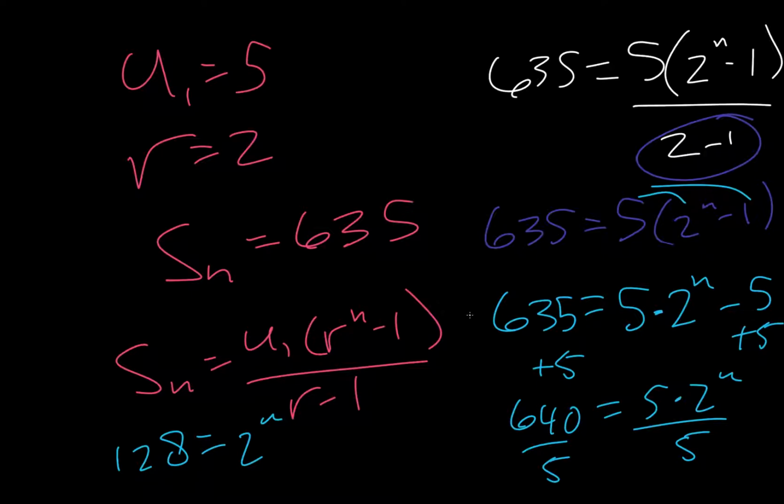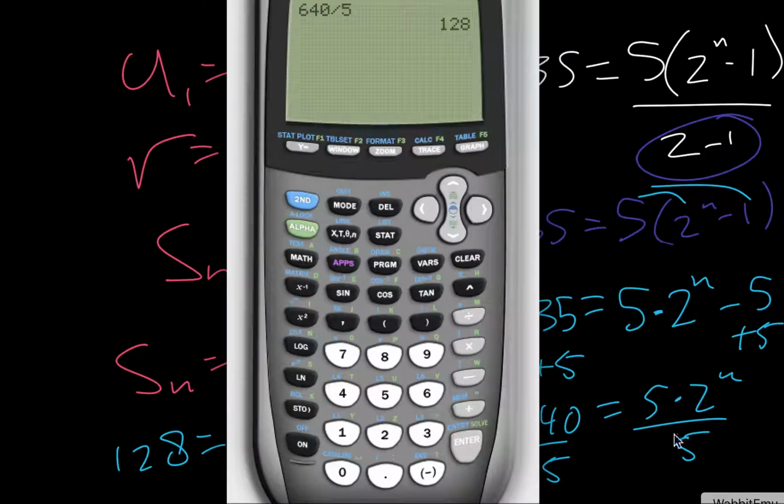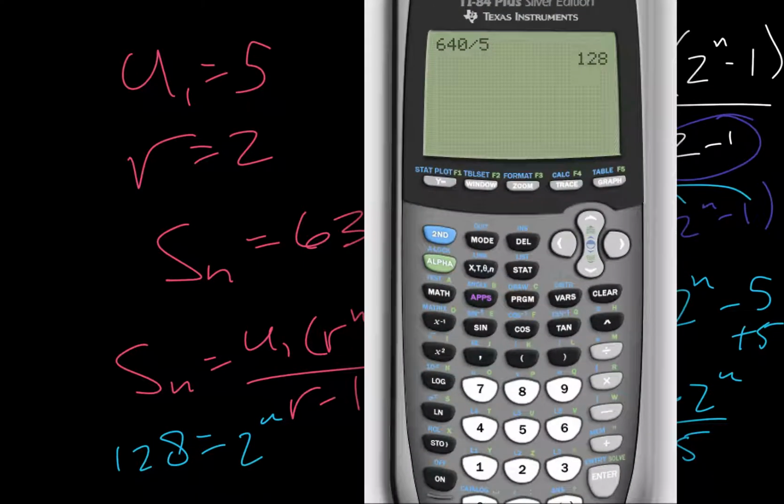And we haven't learned how to do this by hand yet. We haven't talked about logarithms. So I'm going to do it with this calculator. So I'm going to graph both sides, 128, as well as 2 to the n, or 2 to the x in this case, same thing. Graph it. I need to change my window.